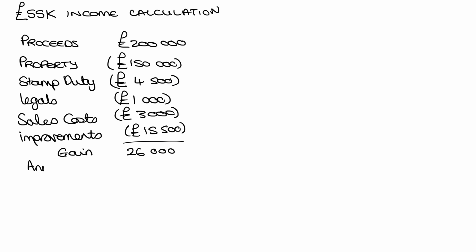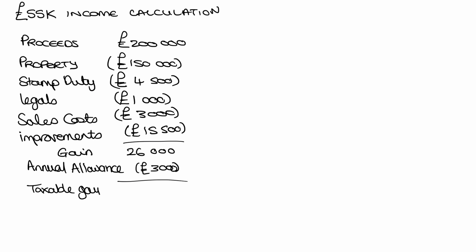So we do have an annual allowance, and that is still at 3,000. So our actual taxable gain that we are working with is going to be 23,000. And what we've said in our example here is this person earns 55,000 from whatever sources that they have.